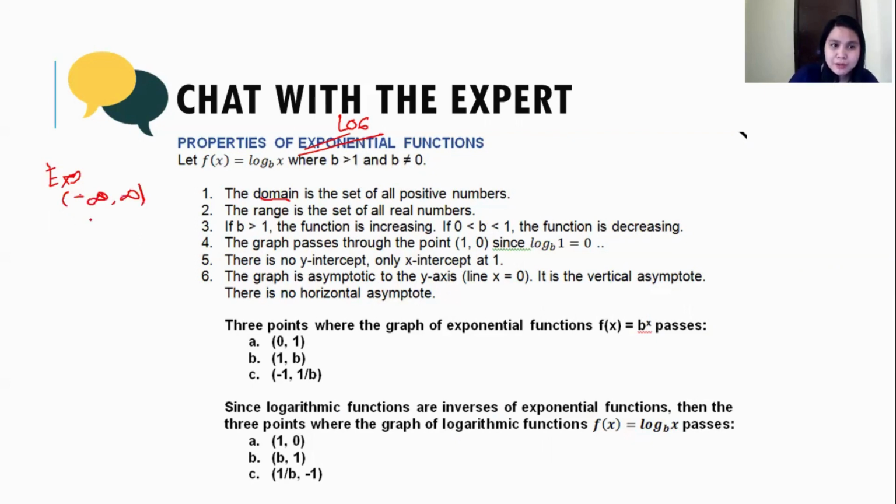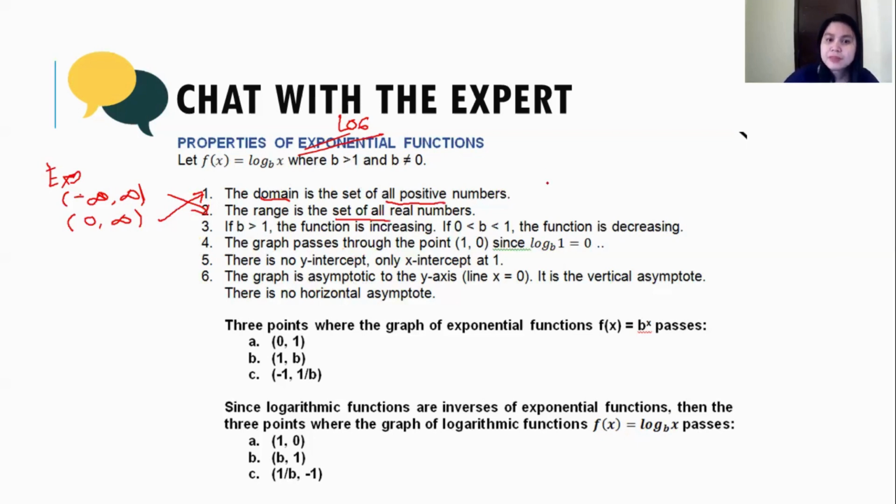While the range is all positive numbers. We just interchange them. In the logarithmic function, the domain is the set of all positive numbers, while our range is the set of all real numbers.